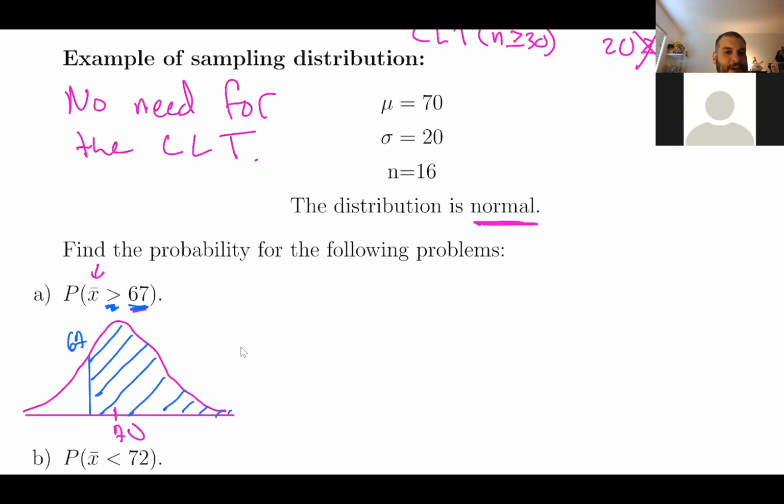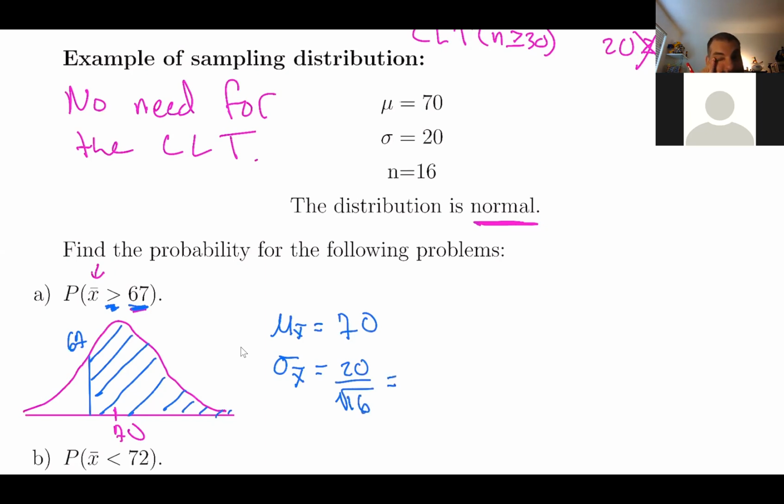Any questions so far on the way that I shaded it? No. Okay. Up next, we're going to find what mu of x bar is, and what sigma of x bar is equal to. So mu of x bar is just equal to 70. Sigma of x bar is equal to 20 divided by square root of 16.